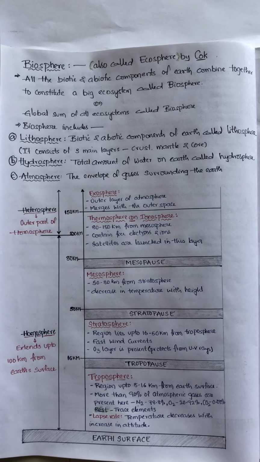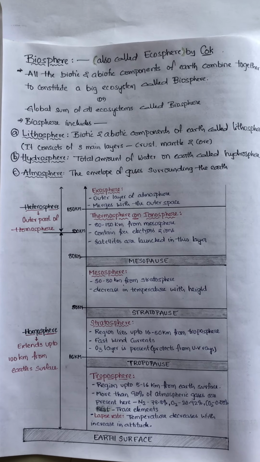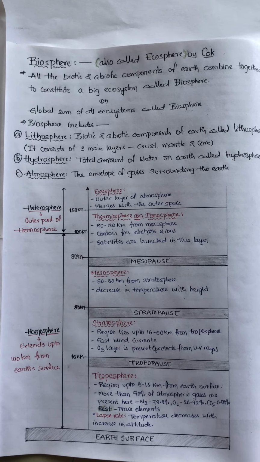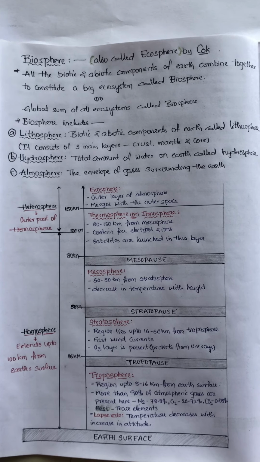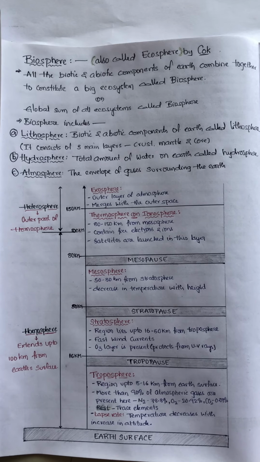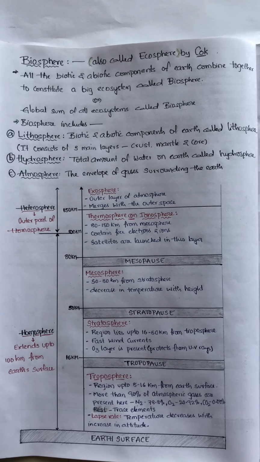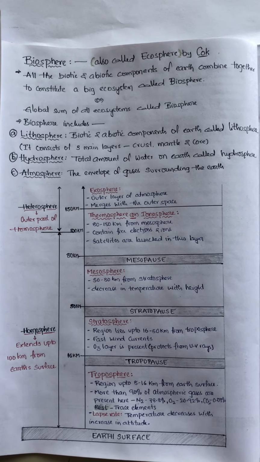Now the next zone is stratosphere, which lies from 16 to 50 kilometers above the troposphere, and in this region the wind current is very fast. That means wind blows very fast over here, and this is the layer where the ozone layer exists.